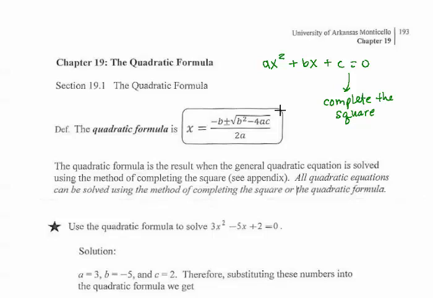If we do that and simplify things along the way, then we can solve for x, and we get this nice neat formula that we can apply to any quadratic equation. It will give you the real solutions, or complex solutions, but there are a few minor details that you need to know before you just start plucking numbers out of a quadratic equation.